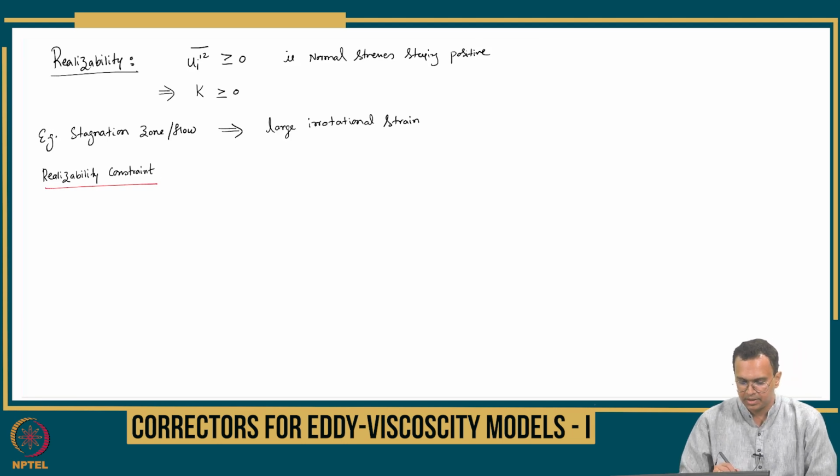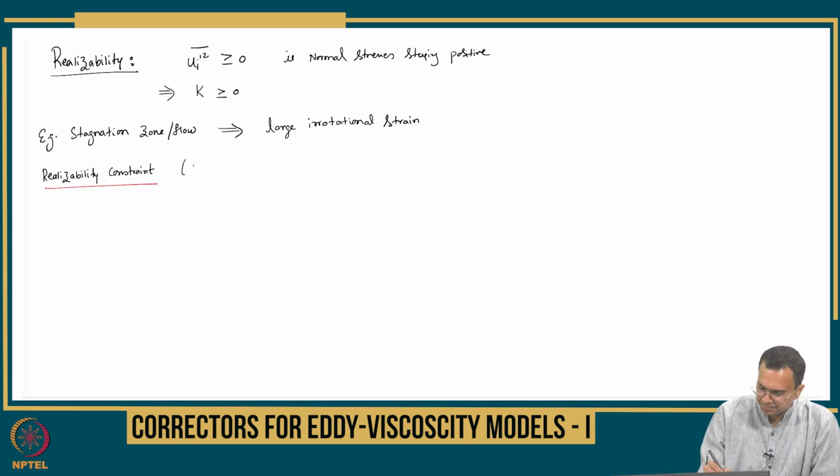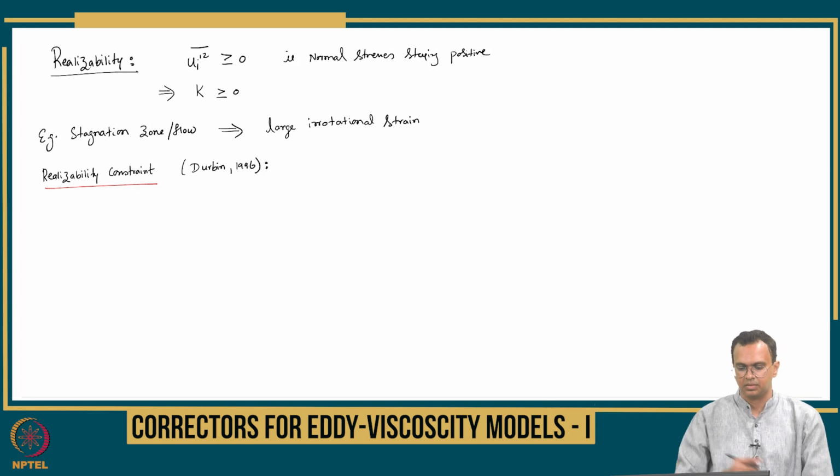This particular realizability constraint comes from Durbin, 1996. This constraint is very elegant because, as I said, you can implement it into your existing code and it would make it realizable.